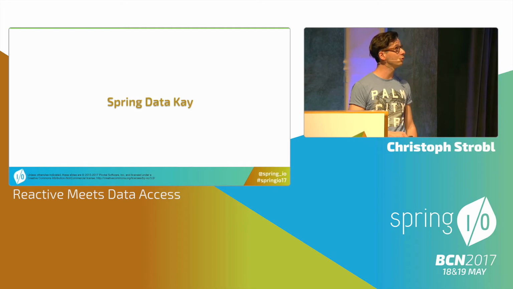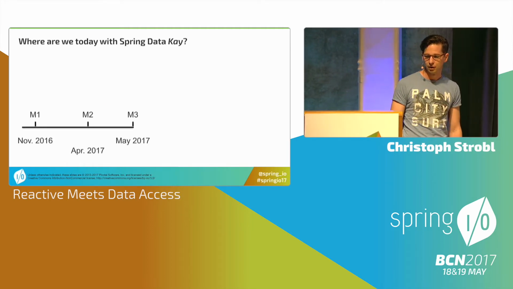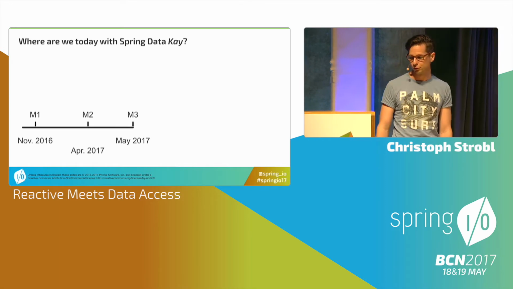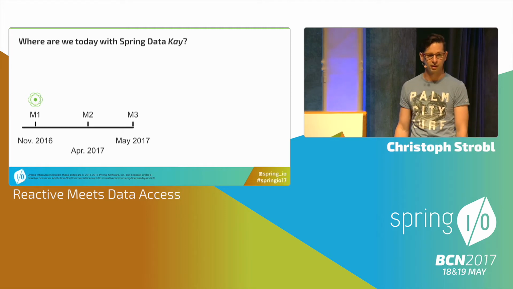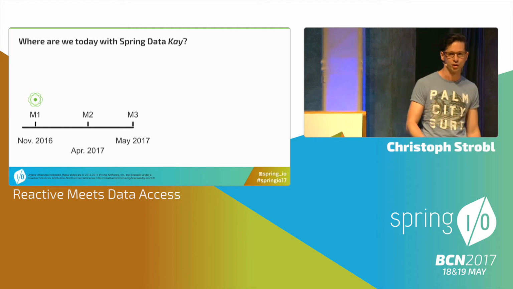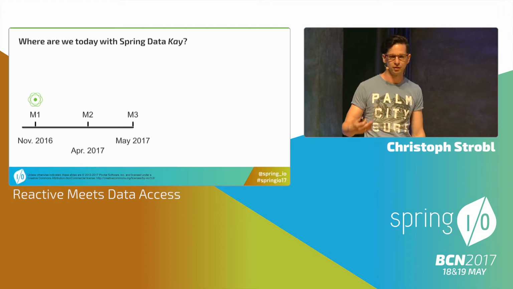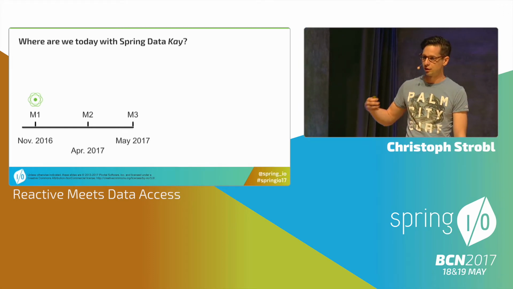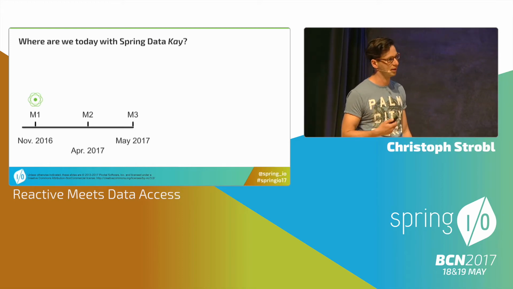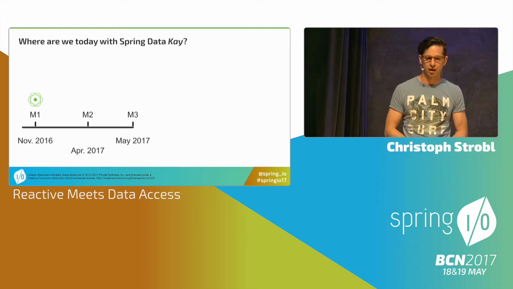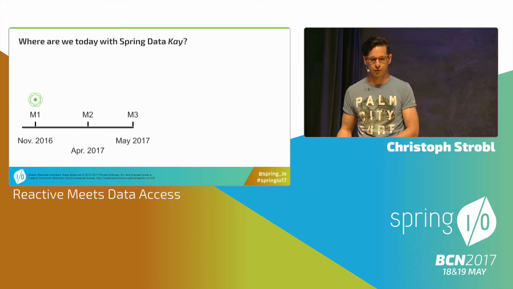Okay, let's start off with Spring Data K. Where are we today? We released a first milestone last November, and that one focused mainly on support for Project Reactor. We wanted to ship reactive data access and the reactive paradigm pretty early in the release process, so we had it in the first milestone already, mainly for MongoDB, and we started off by implementing a Redis connection in a reactive way.